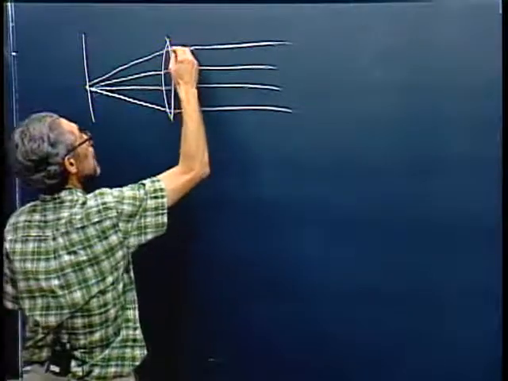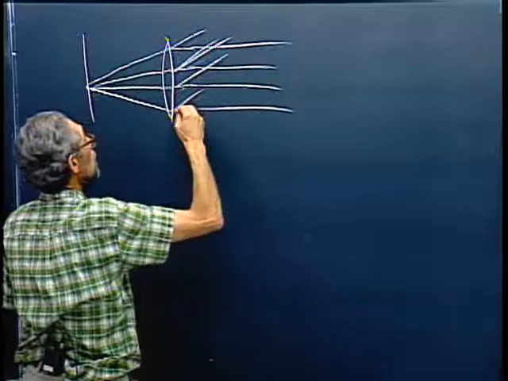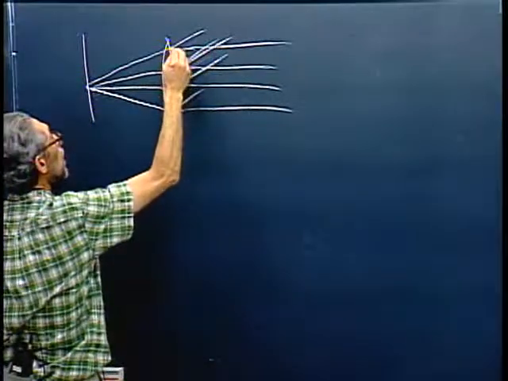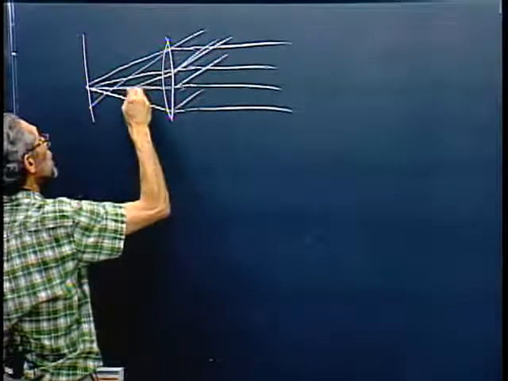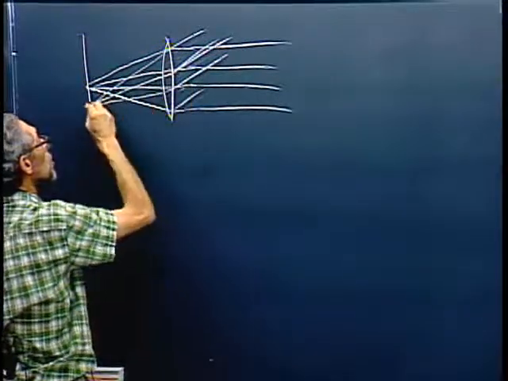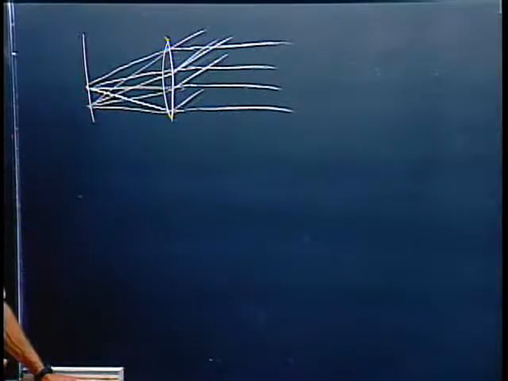And that means rays which are coming in from a different direction, but still parallel rays, will focus at a different point. But the point will depend only on the direction the rays are coming from.